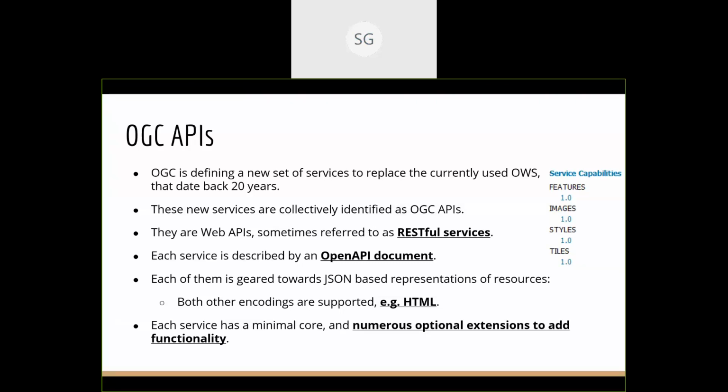One is HTML, so you can do GML if you want, with some flavors. The rationale of those APIs also is to be specified with a minimal core for easy, fast implementation, being progressively extended to add functionalities. Next slide, please.